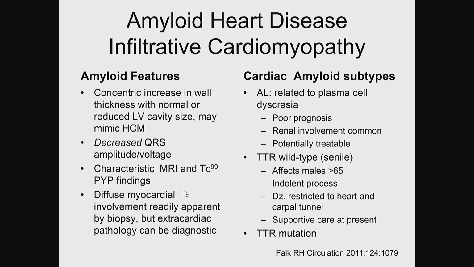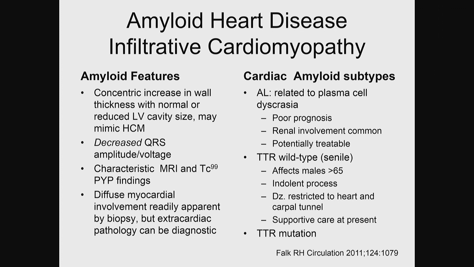Patients may also be identified as having amyloidosis underlying their thick heart using MRI, and in the case of amyloidosis caused by TTR or transthyretin forming amyloid fibrils, technetium-99 pyrophosphate scans can be diagnostic. Diffuse myocardial involvement is readily apparent by biopsy.